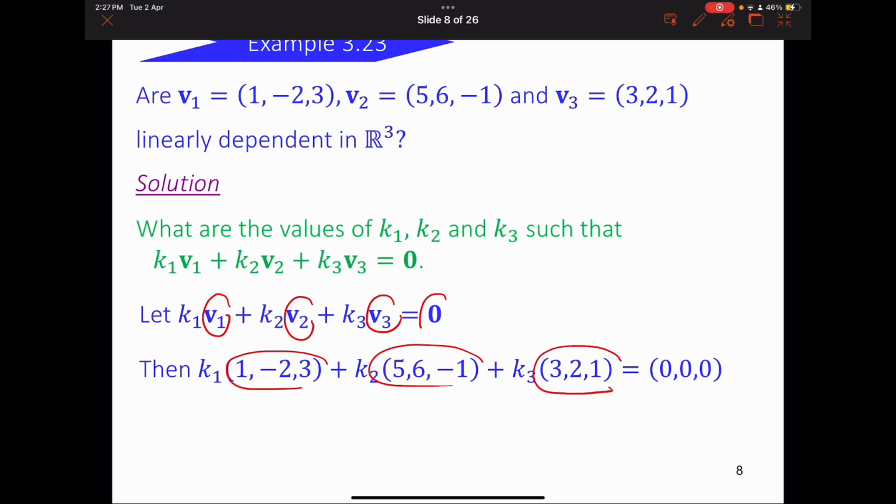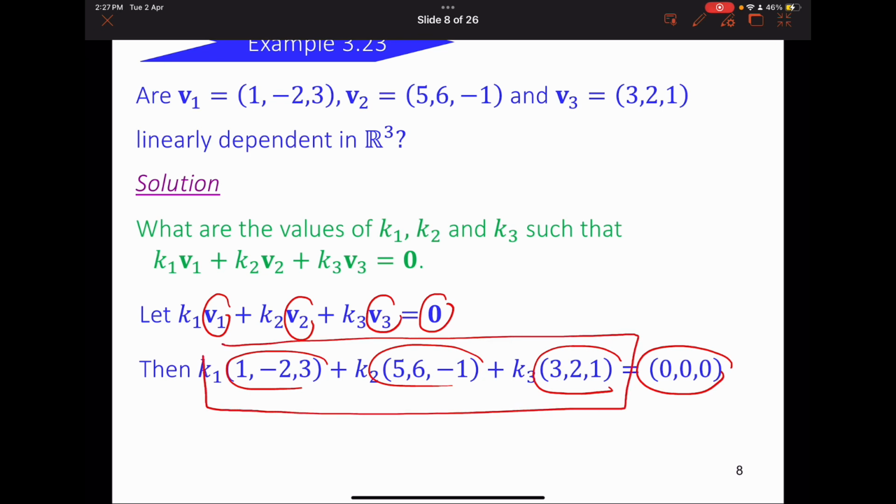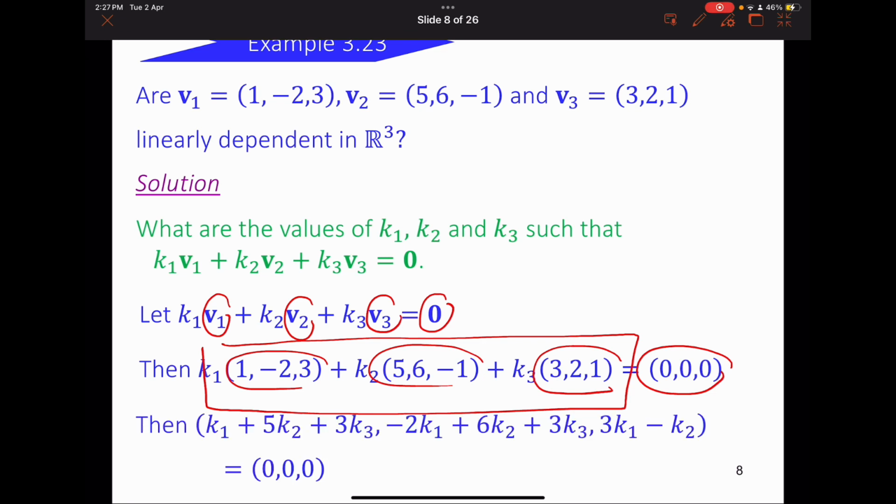and then we substitute the zero vector as the origin 0, 0, 0, and then we simplify the left hand side. We get this, and then we compare component by component from the right hand side and the left hand side.